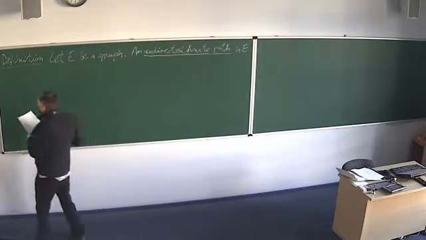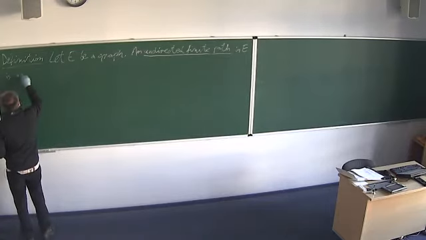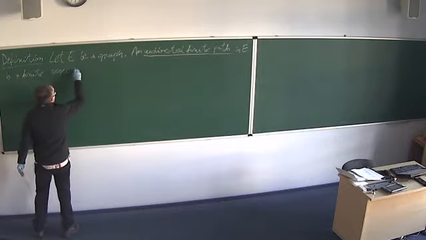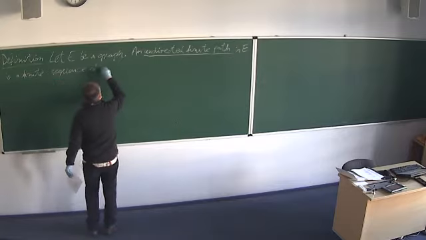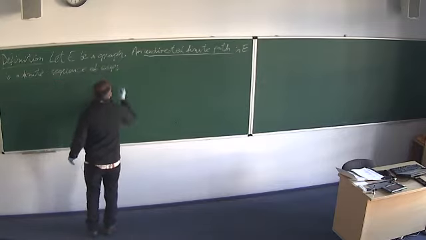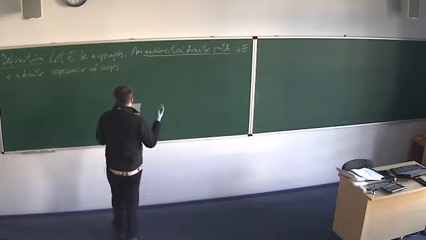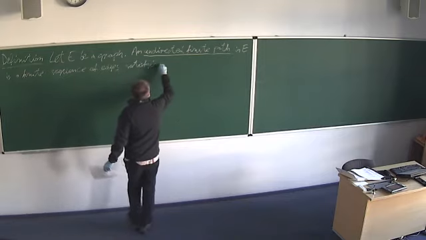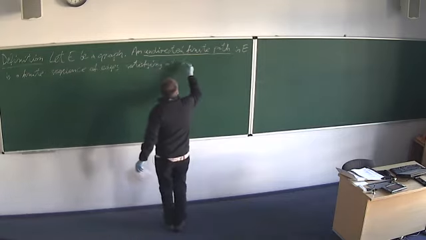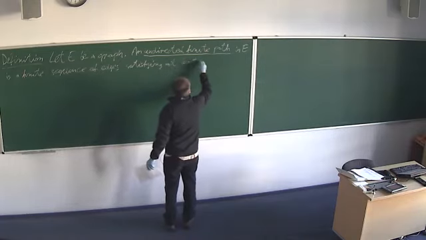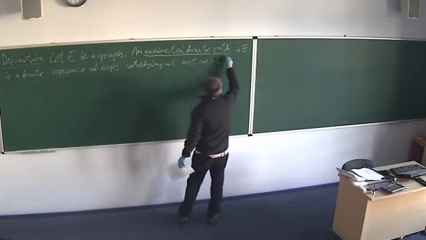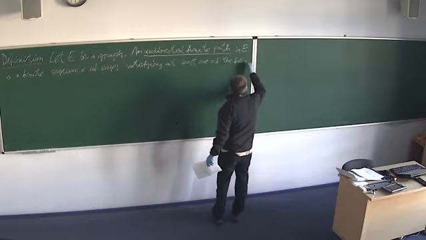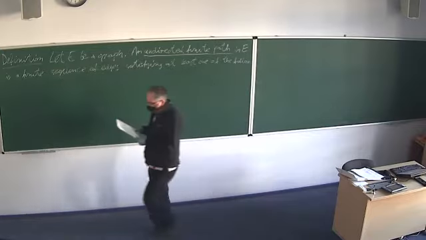Okay, so such an undirected finite path in E is a finite sequence of edges e_1, comma, up to e_n, satisfying at least one of the following equalities.